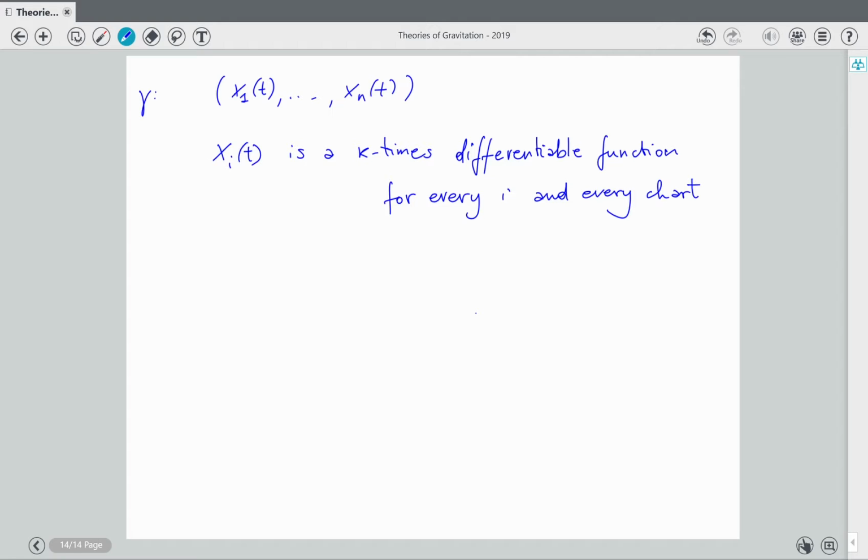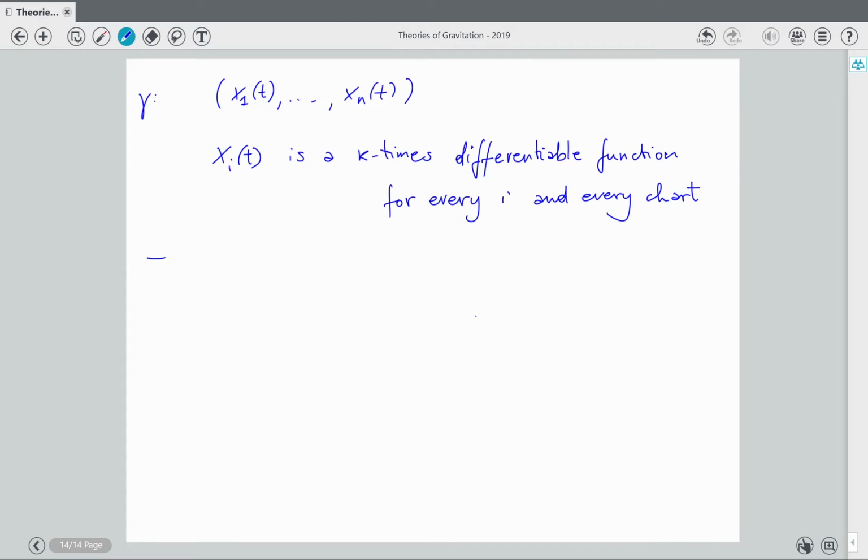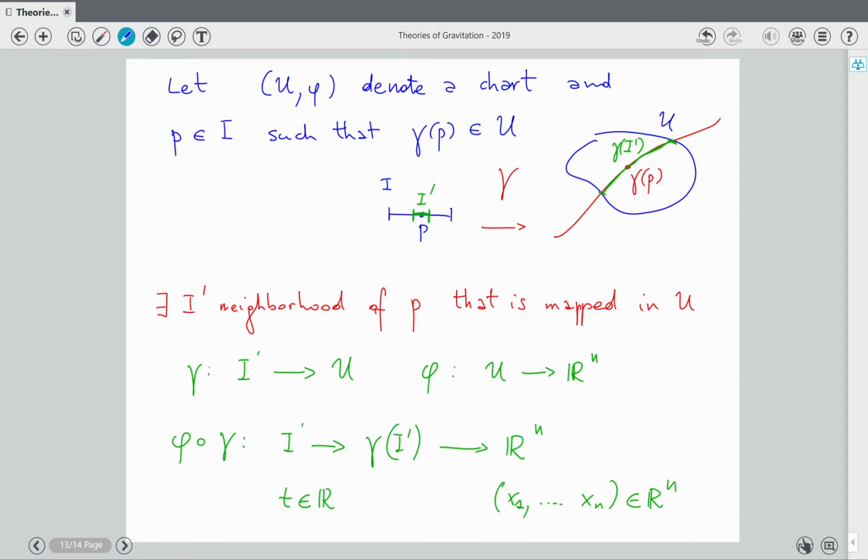We want to define the tangent vector to gamma in the point P. Let's assume that P could be t equals 0, but we don't need to be so precise now.